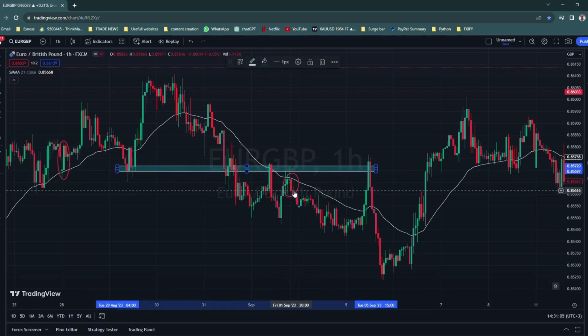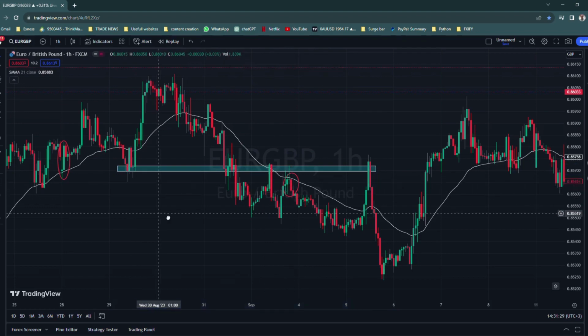So here it was a good opportunity to enter such a trade and to try to capitalize on it: the moving average with an engulfing candle in a retest of the break of this support. What are we looking at here? The moving average together with the engulfing candle in a downward trend.